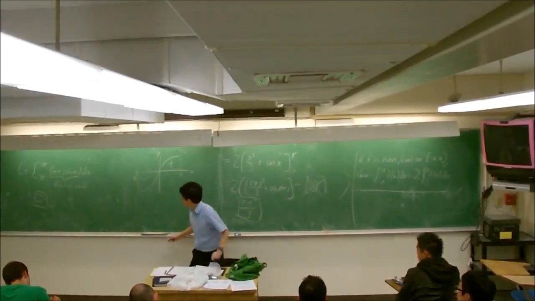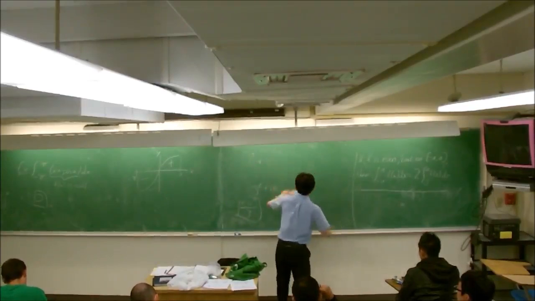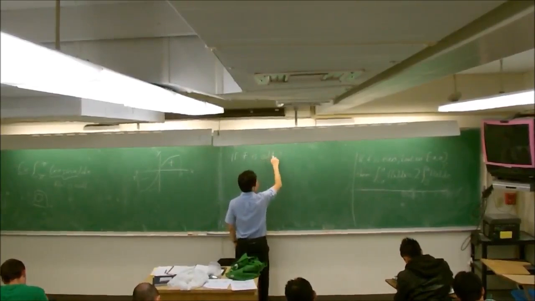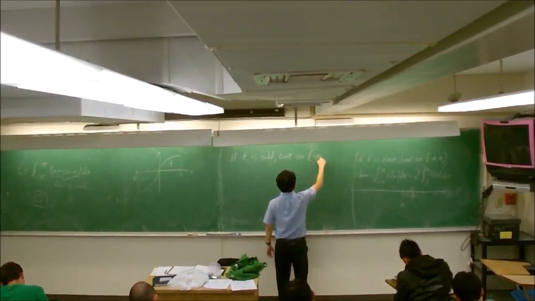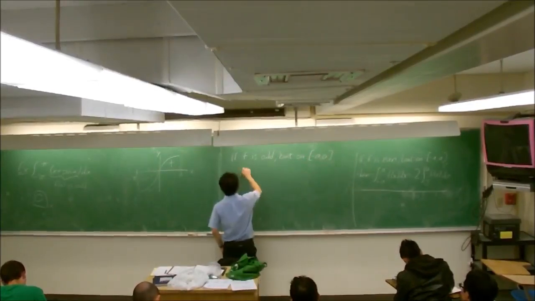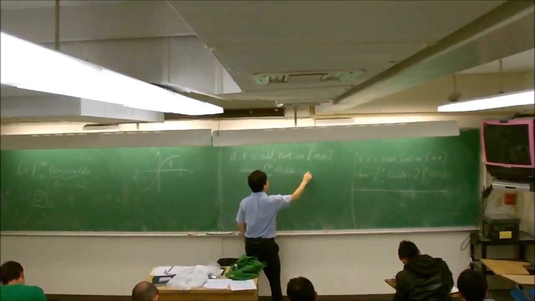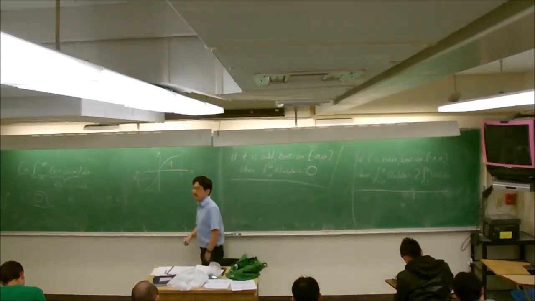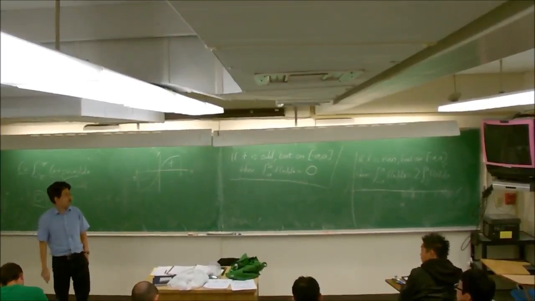So what's the general rule? If you have an integral of something that's odd and continuous on an interval symmetric about 0, the answer is 0.